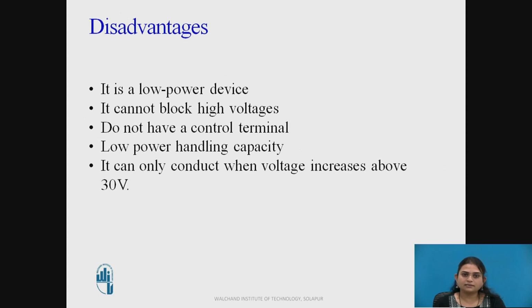These are the disadvantages. As we have discussed previously, it is a low power device. It cannot block high voltages, does not have a control terminal, that is the gate terminal, only having the two terminals T1 and T2, has low power handling capacity, and it can only conduct when voltage increases above 30 volts.